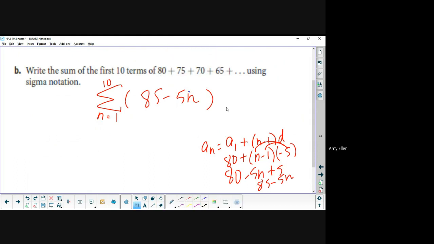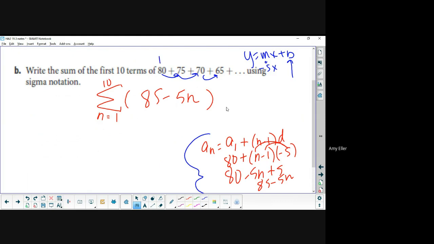Now, this is sort of optional. We know this is linear. We have experience with linear equations. So let's just think about how linear equations work, like this. We know the slope is going down by 5 each time. And B represents our y-intercept.